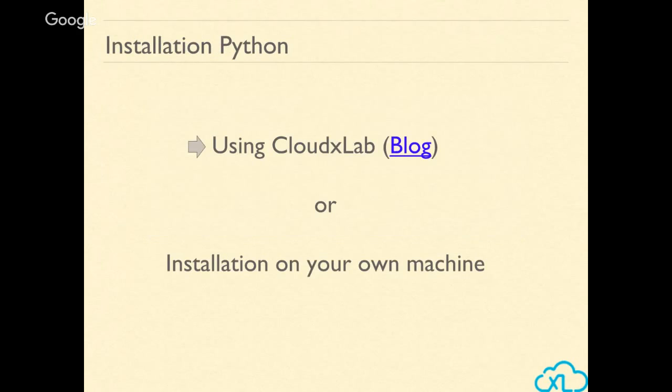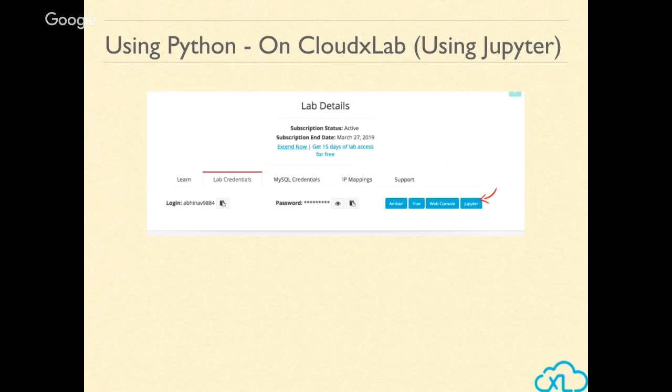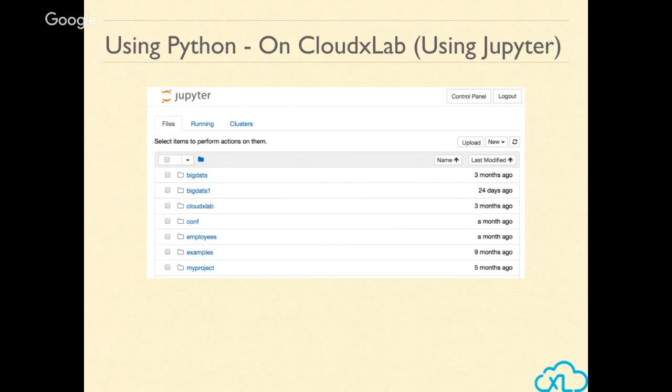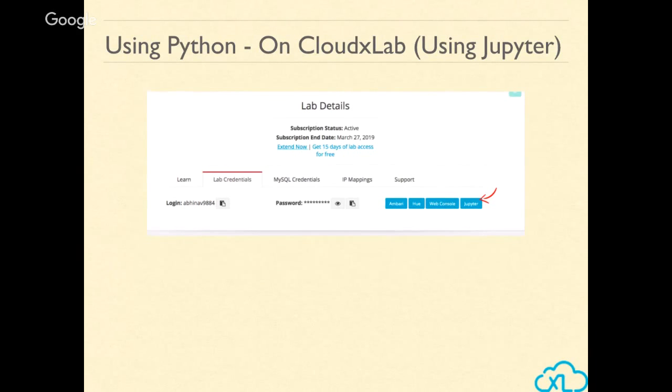The procedure is basically you sign up with CloudxLab, go into my lab credentials, click on Jupyter, and that's it. And you will get the Jupyter. Before we jump into Jupyter, I'll just explain what Jupyter is. Jupyter is basically a web-based interface to interact with Python.